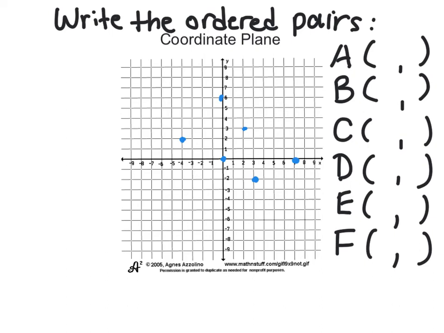And let's label which points are which, okay? I didn't do that. So we'll call this one point A, this is B, this is C, D, E, and F, okay? So go ahead and write in the x and y values for those ordered pairs. You can pause your video and then restart to check your answers.